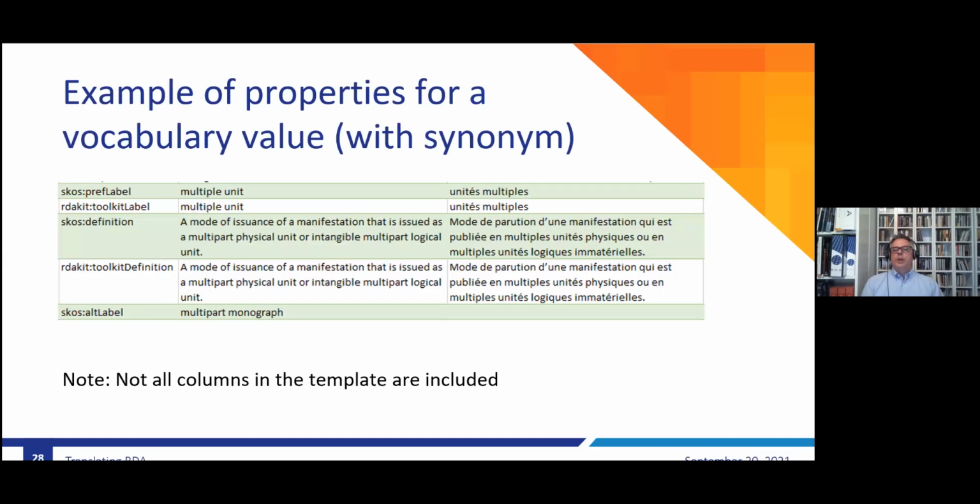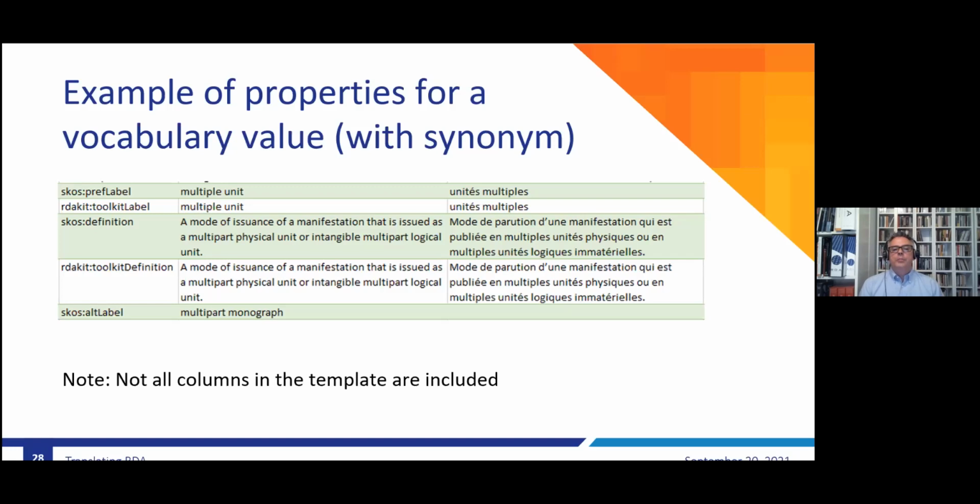To give you a more concrete example, in this slide I'm showing how the properties for a vocabulary value are displayed in the translation template. The template includes many more columns that are not shown here. You can see that the labels and definitions duplicate each other.